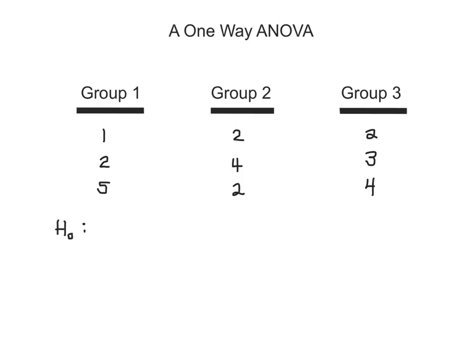So we're going to hypothesize that the mean or average for group 1, which we specify with mu1, is equal to the mean or average from the set of values in group 2, which is mu2, which is equal to the mean or average of the values from group 3. This is our null hypothesis.